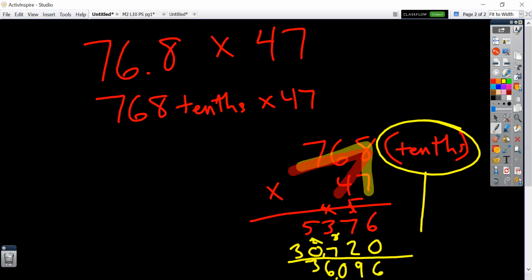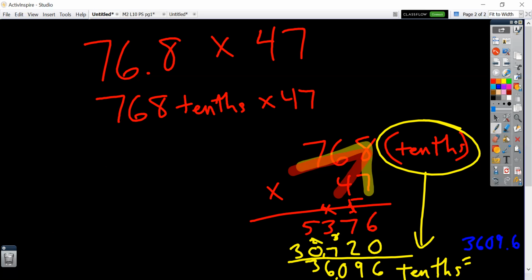But remember, we got to bring down our unit. This is 36,096 tenths. Well, if we're visualizing that in the place value chart and we're regrouping to the left, we can also think of it simply as, well, tenths is one digit after the decimal. So I could rewrite this with one digit behind the decimal.